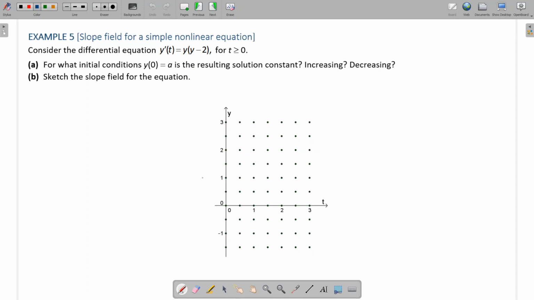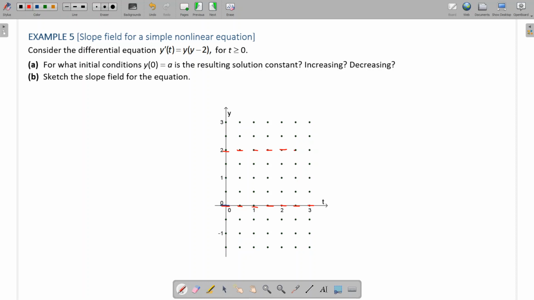Okay, first thing to notice, which should be obvious: if we start with y equals 0, we're going to get horizontal tangents. When you pick y equals 0, it wipes the whole thing out. So let's make this red. All of those are just going to be horizontal. Similarly, if y equals 2, they're all going to be horizontal.